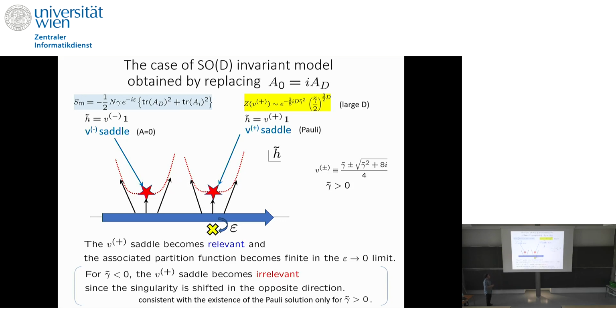But if you look at the negative gamma case, effectively this singularity is shifted in the opposite direction like this, and then this saddle point becomes irrelevant because the singularity will prevent you from flowing from the real axis to this saddle point. So that is in fact consistent with the existence of the Pauli solution only for positive gamma. For negative gamma, the Pauli solution doesn't exist, and this mean field approach reproduced this fact nicely.